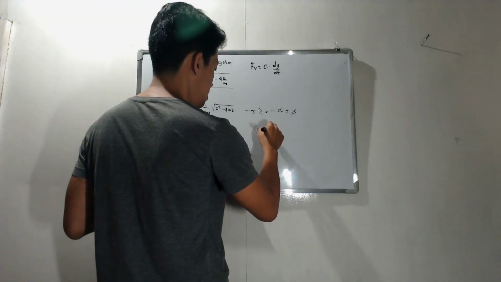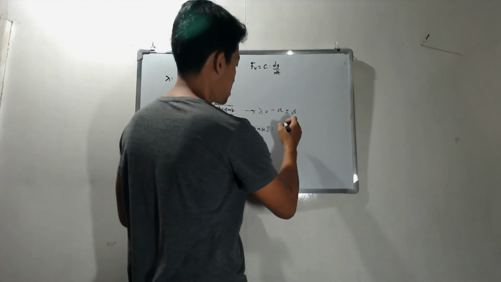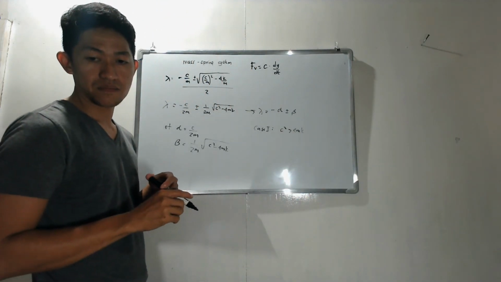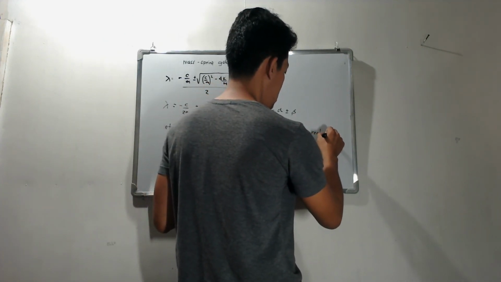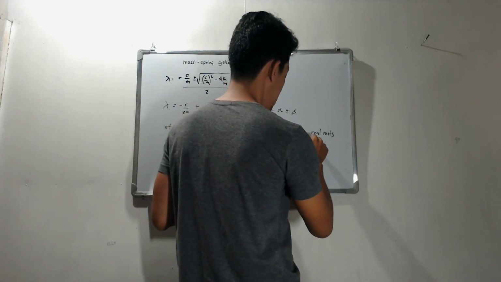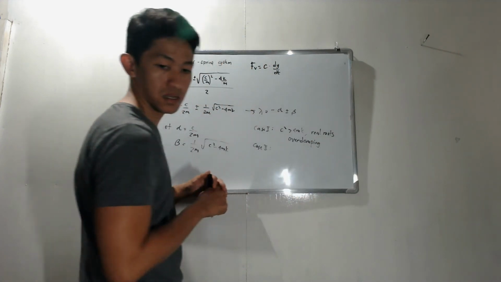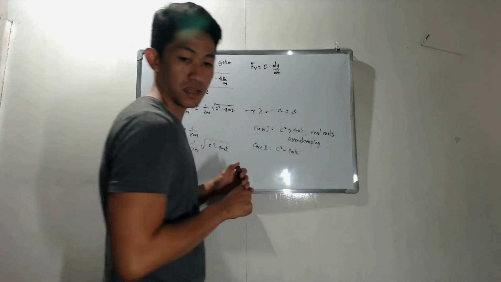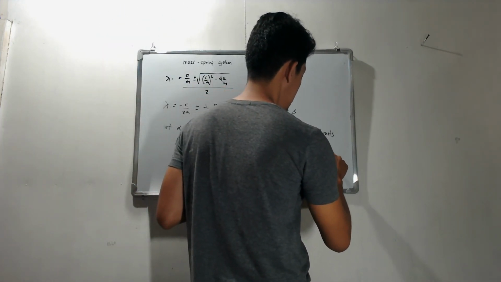Case 1, for the roots: if c squared is greater than 4mk, you will have real roots. This is what we call overdamping. Case 2: when c squared is equal to 4mk, this is what we call critical damping.